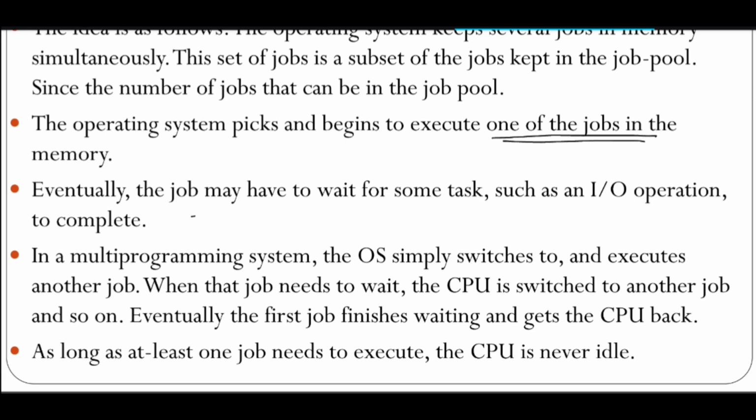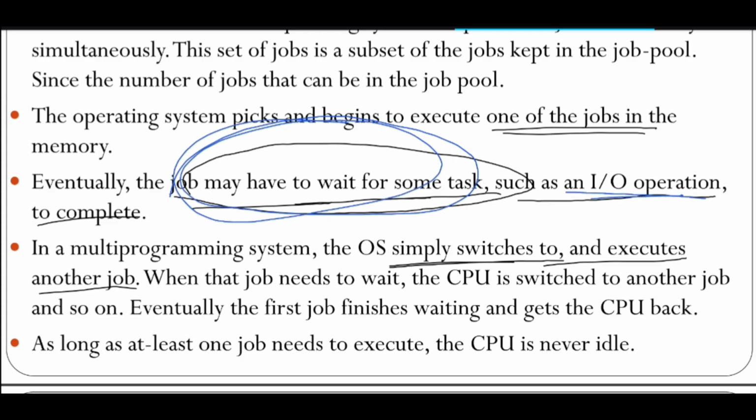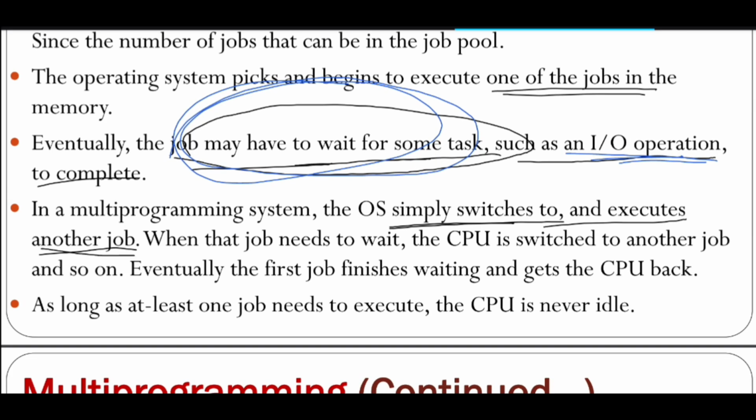Eventually the job may have to wait for some task, such as an IO operation, to complete. If the job has to wait, then in a multi-programming system the OS simply switches to and executes another job. When that job needs to wait, the CPU switches to another job, and so on.